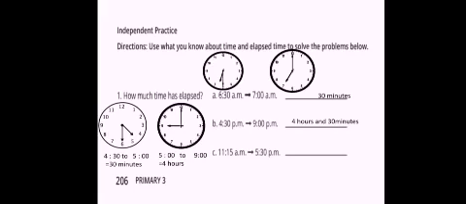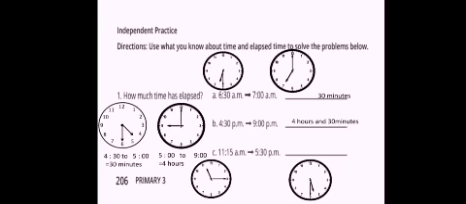The last one here, letter C, 11:15 a.m. going to 5:30 p.m. So this is 11:15, 5:30. 11:15, we can make it 11:30 to make it easy. From 11:15 to 11:30, we have 15 minutes.